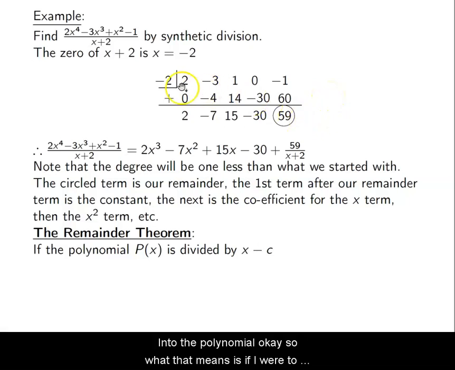So if I were to plug -2 into this top polynomial here, I would get out a value of 59.